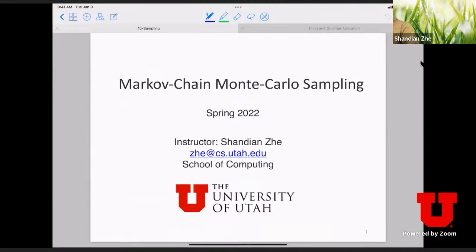Before the invention of machine learning, MCMC had already been used in a lot of areas like engineering, scientific design, or weather forecasting. So it was not invented by machine learning researchers. Machine learning researchers just borrowed those techniques and highlighted their usefulness in our own domain.